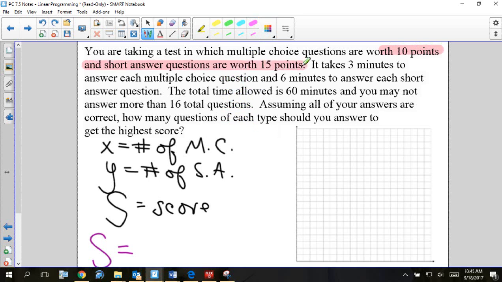The score comes from multiple choice questions being worth 10 points, and short answer questions worth 15 points. That gives me the score. So interpreting this is the hardest part. Multiple choice is going to be 10 points per question, so 10x, plus short answer 15y. That's our objective function.